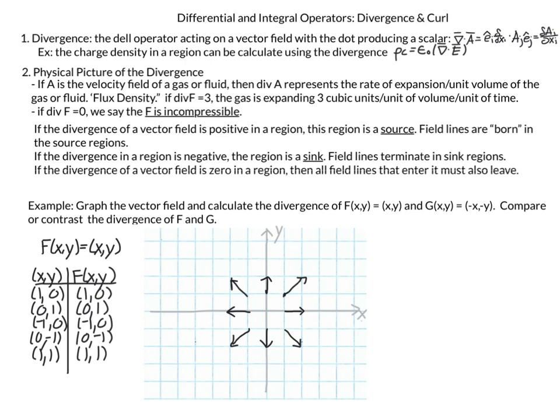Now, let's say I want to do some vector that's further out, and I'm going to do a vector that's beyond the tip of this vector, just so my graph doesn't look too cluttered. So at the point, say, x equals 3, y equals 0, so at (3, 0), my F(x,y) is going to be my <3, 0> vector.